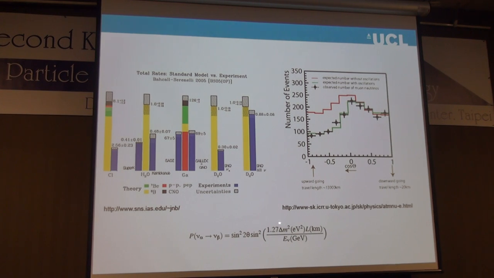Non-zero oscillation probability implies non-zero mixing angles and also non-zero Δm². One thing I want to emphasize: from neutrino oscillation alone, you can only determine the mass squared difference, but not the absolute neutrino mass.